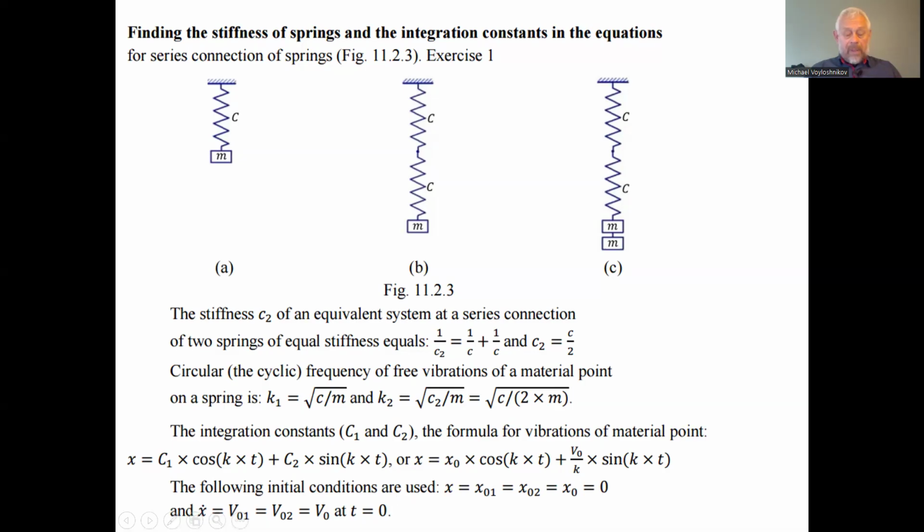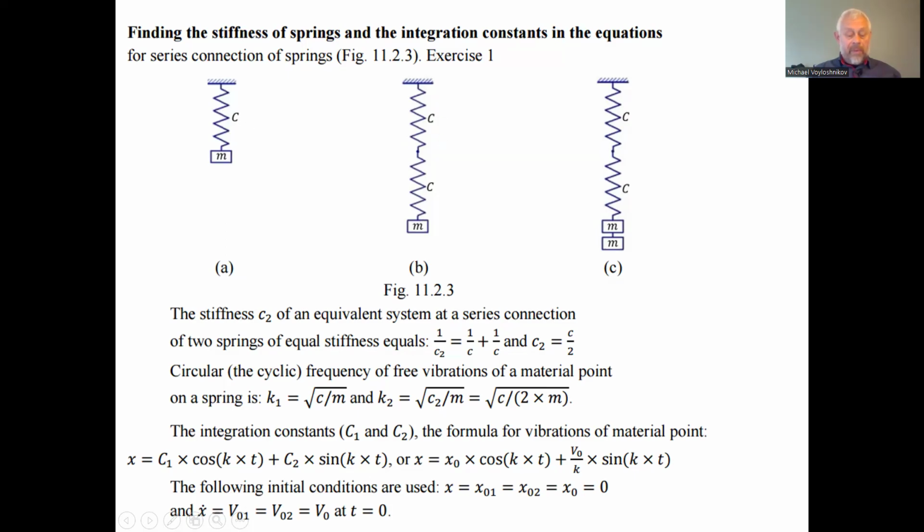And if we adopt the initial conditions for the time moment equal to 0, for the suspension only by one spring and for the suspension by two springs in series, the initial displacement of the load equals 0 and the initial velocity equals v0 for both options A and B of the suspension of the load M, by one spring and by two springs in series.